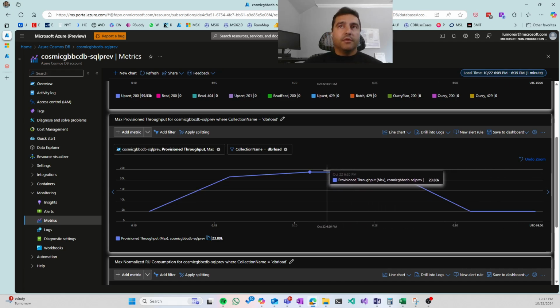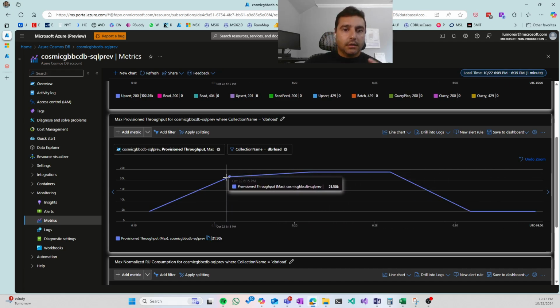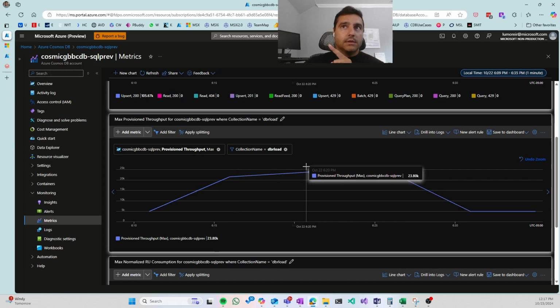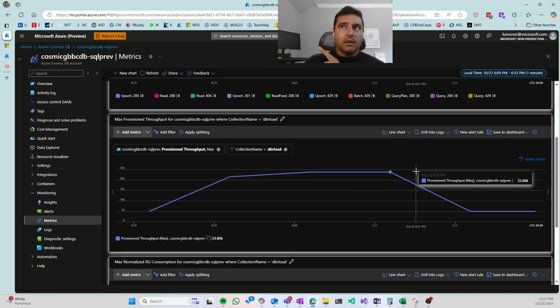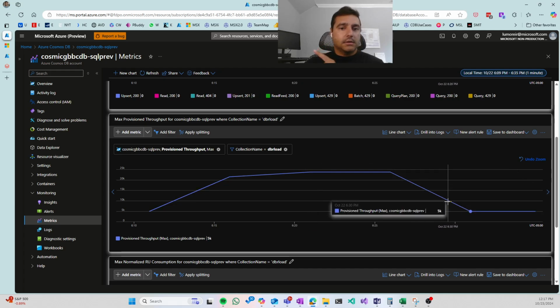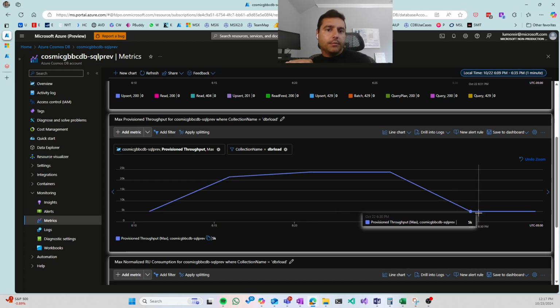If I look at provisioned throughput, you're going to notice that it went up to about 21,000, 23,000, 23,000, and then it dials down. So even having 50k RUs to be used, this workload didn't push my RU usage to get to 50k.